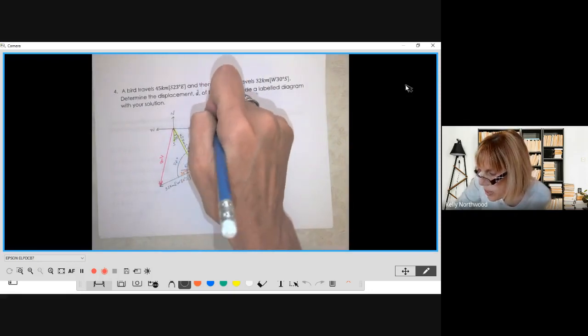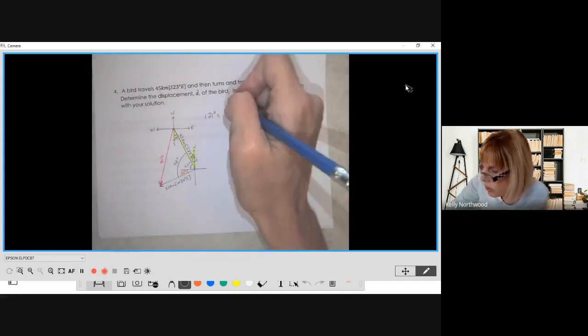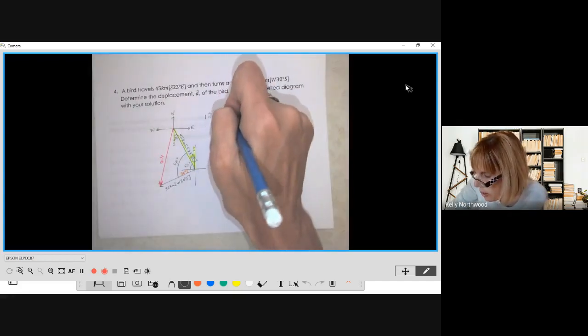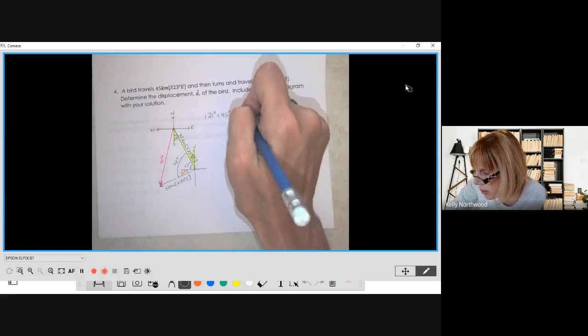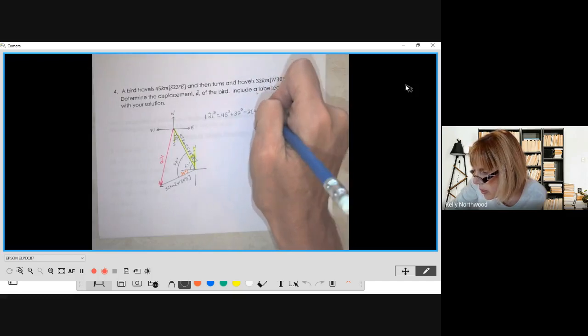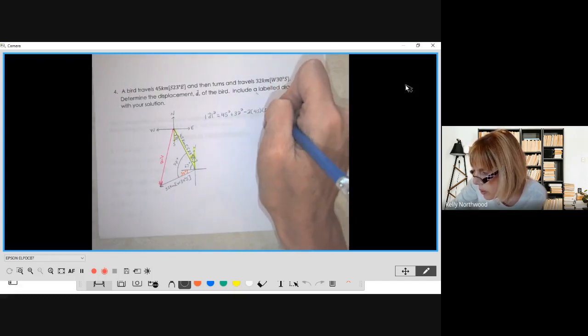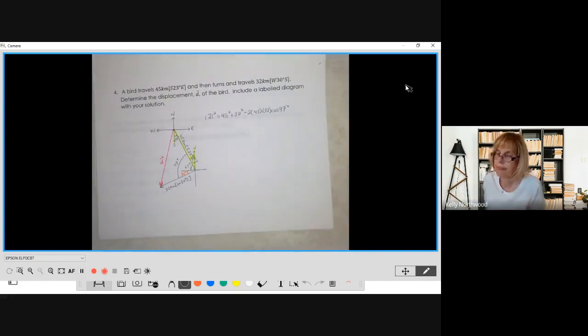The magnitude of the displacement vector squared is equal to 45 squared plus 32 squared minus 2 times 45 times 32 times the cosine of 97 degrees.